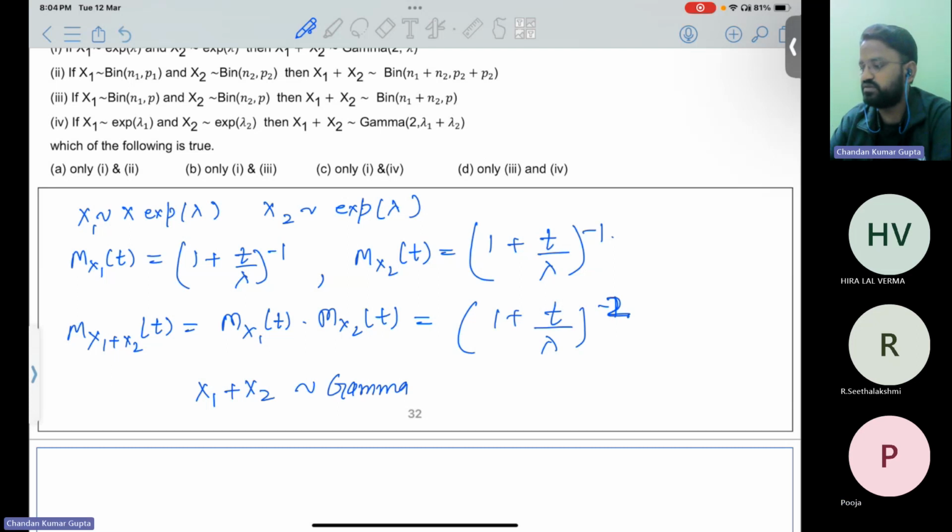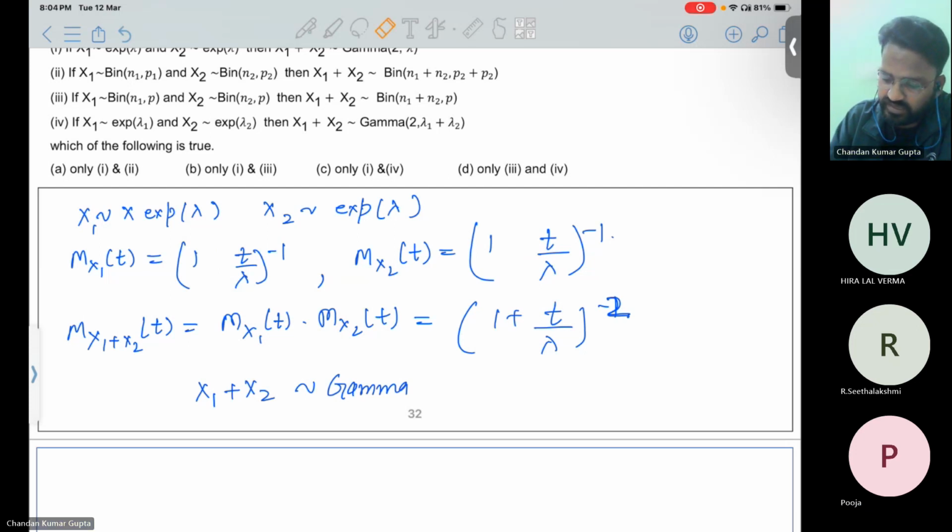Excuse me, sir. The MGF of the exponential distribution is 1 minus t to the power... Yes, I said 1 minus but wrote plus. It is 1 minus t upon lambda.